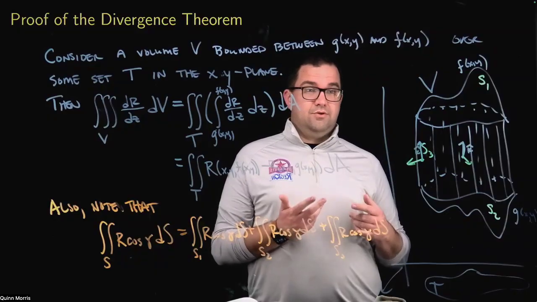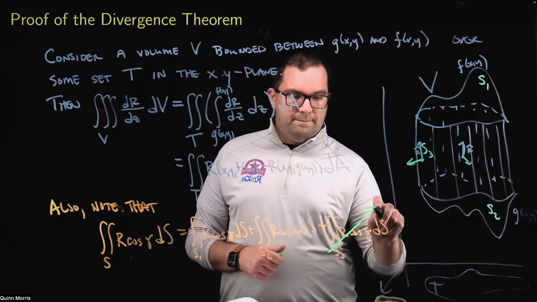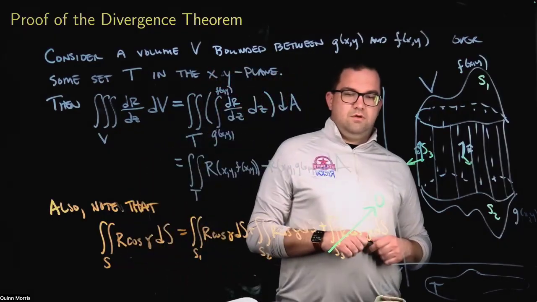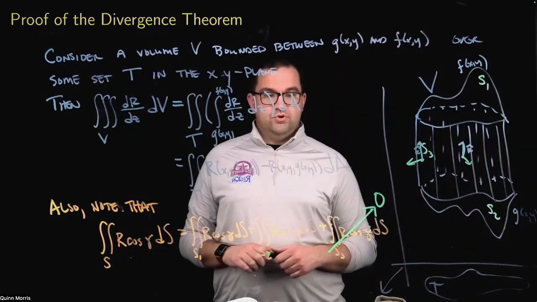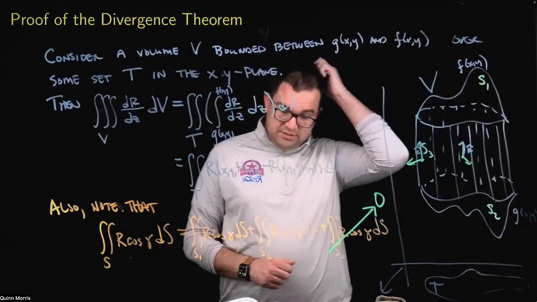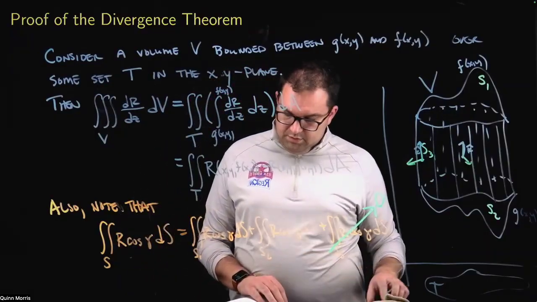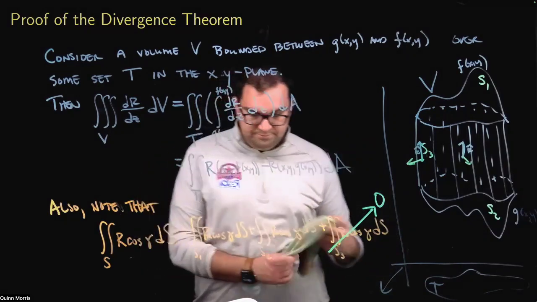Cosine of pi over 2 is 0, so this term disappears, since on this surface gamma will always be pi over 2. It doesn't matter what r is, this cosine of gamma term is always going to give you 0, and this whole surface integral will be 0. So that's fine. We can get rid of that.